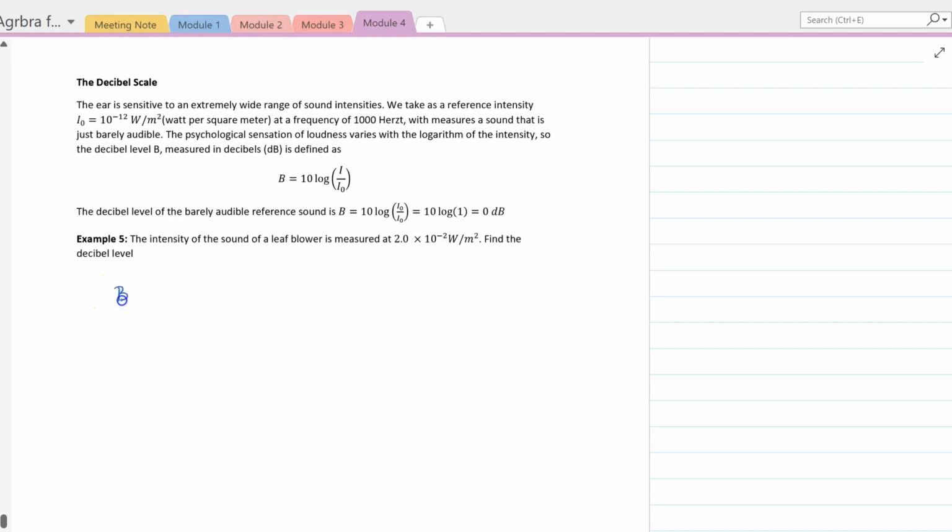So B is equal to 10 times log of the intensity, 2.0 times 10 to the negative 2, divided by 10 to the negative 12.